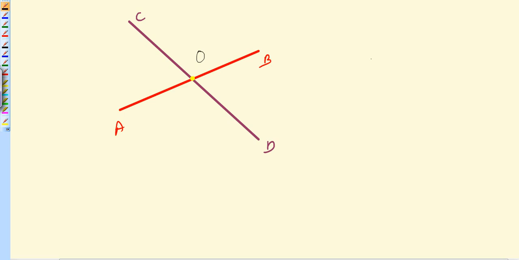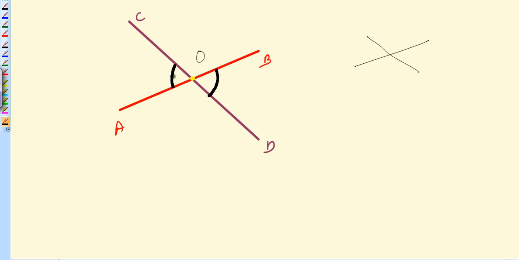So if two lines lie in the same plane and are not parallel to each other, they are called intersecting lines. Now we have some angle properties here. This is the first angle, and this is another angle.